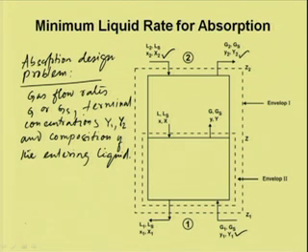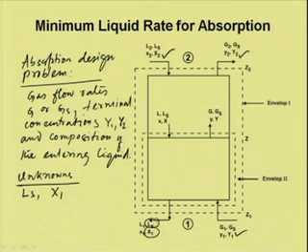So, now our principal purpose is to get Ls and x1. So, these unknowns are Ls and x1. This can be obtained if we consider envelope 1, which is the whole column or absorber.